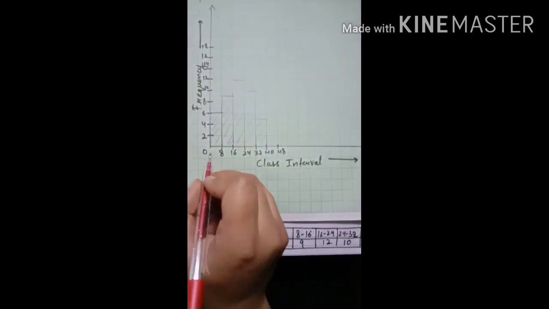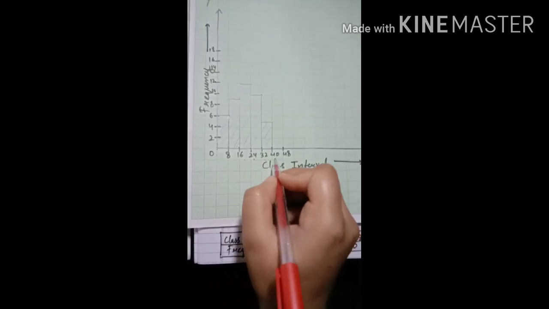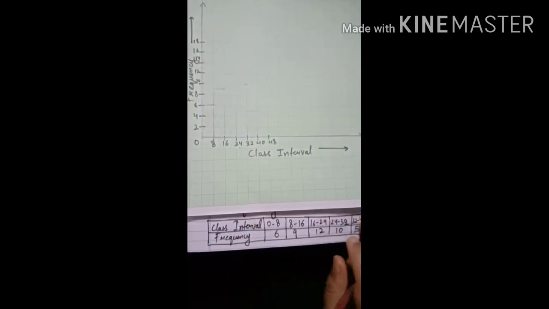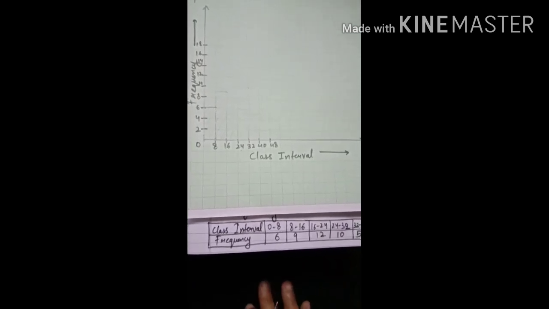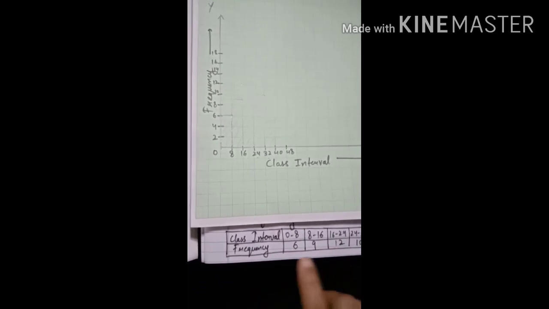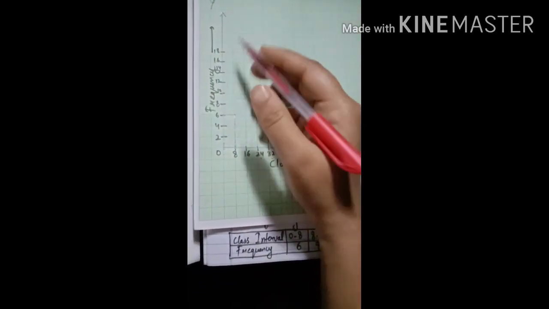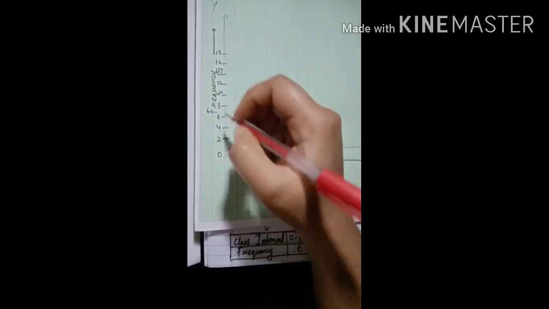Then I will mark 0, 8, 16, 24, 32, 40 and 48 on the x-axis. Then the frequencies given are 6, 9, 12, 10, 5. So I draw the y-axis with a difference of 2: 2, 4, and so on, and mark it.